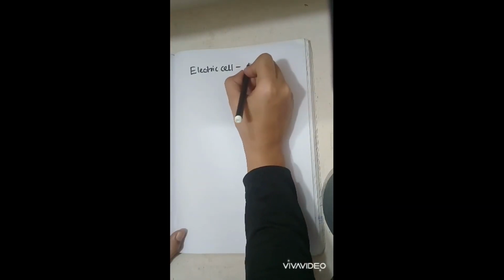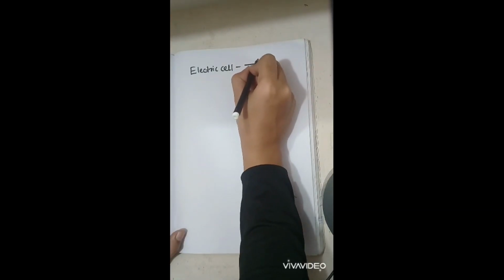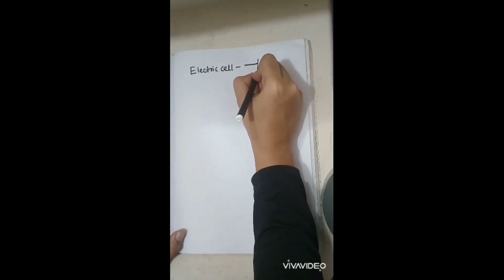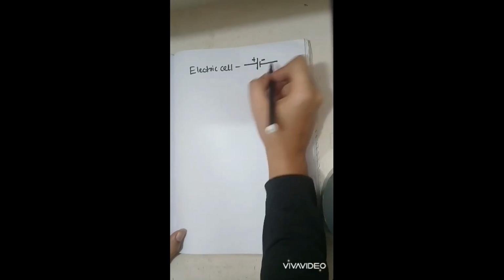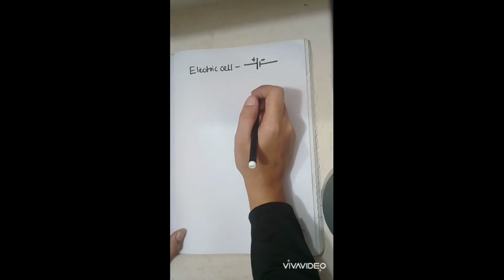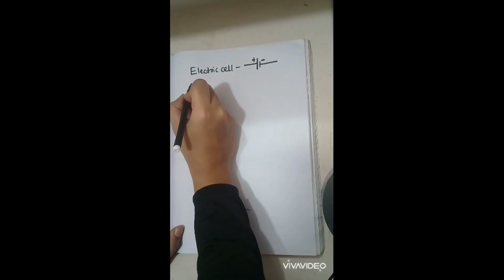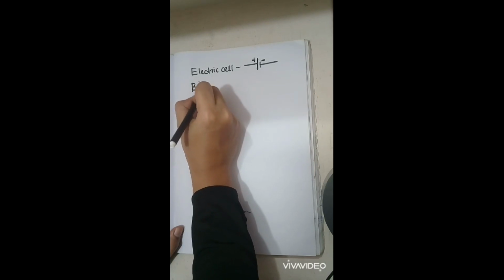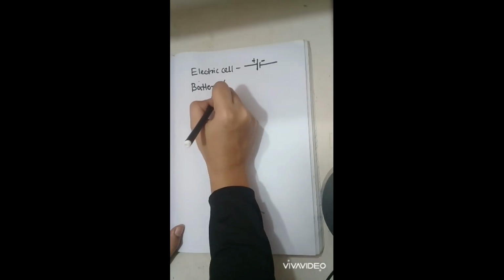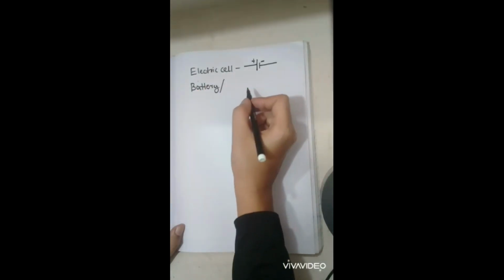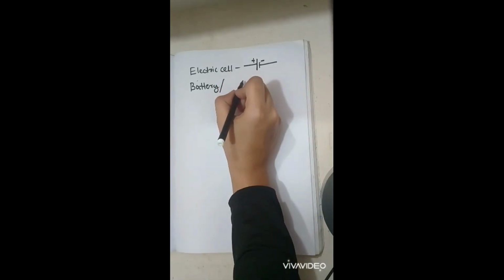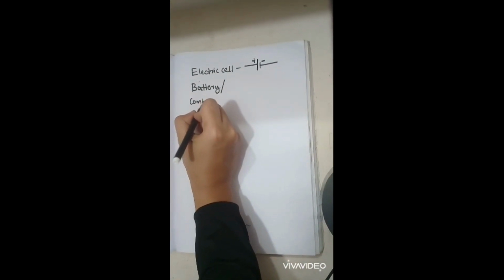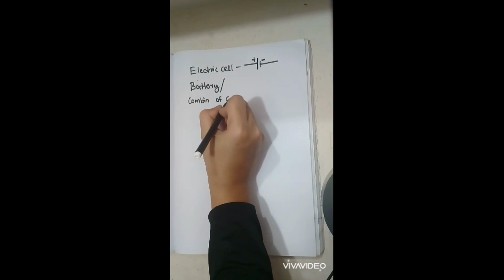The symbol of electric cell is this. This is the positive of the electric cell and this is the negative. Okay, clear? Then the battery. A battery is a combination of electric cells. By seeing the picture, you can see that it is a combination of electric cells.